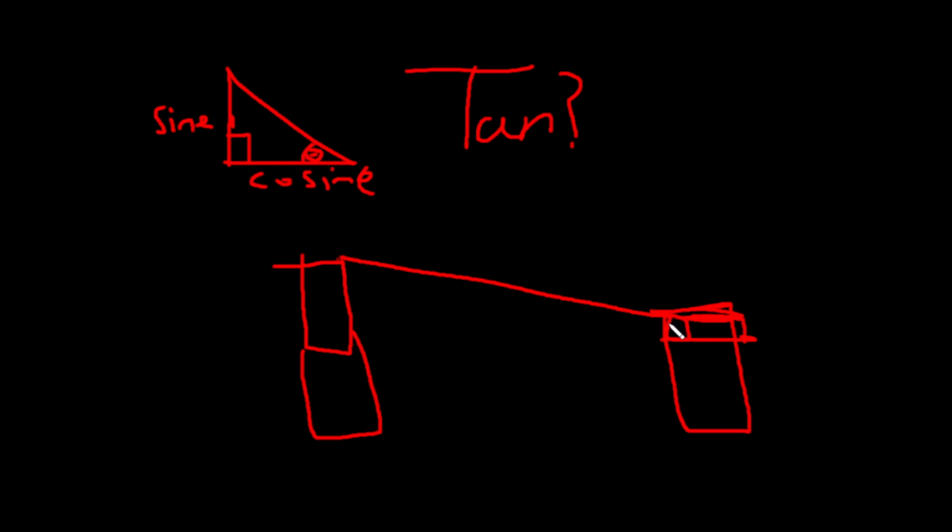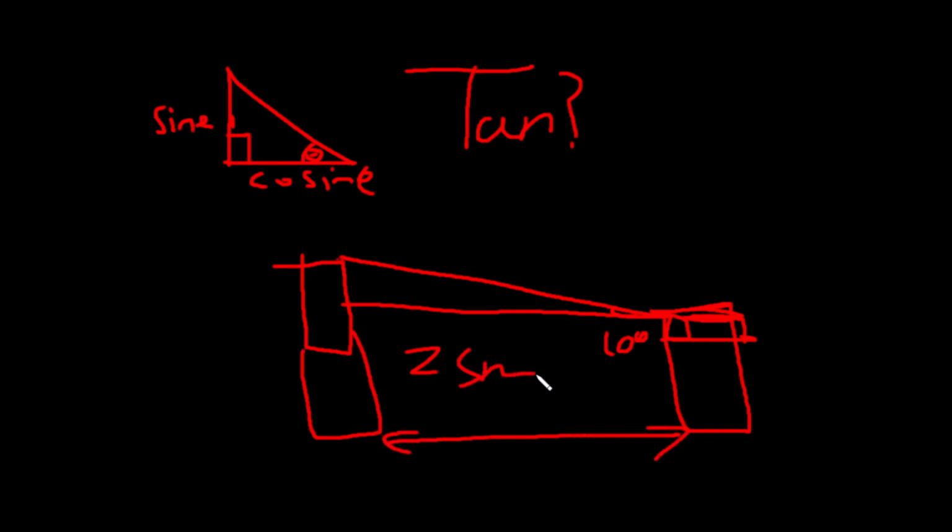And we know that the angle from here is 10 degrees, and that between here and here is 25 meters. So we know the distance between them is 25 meters, and it makes a 10-degree angle.